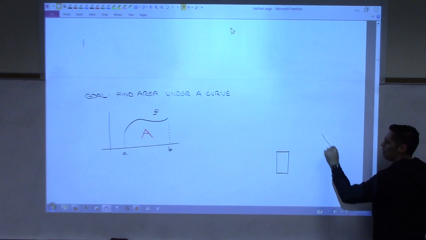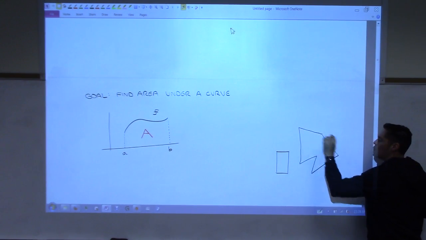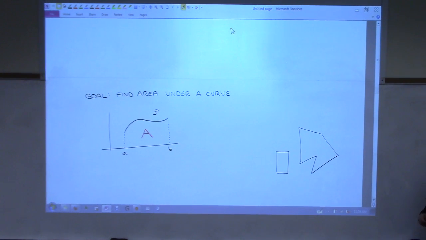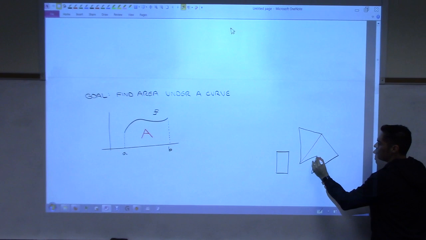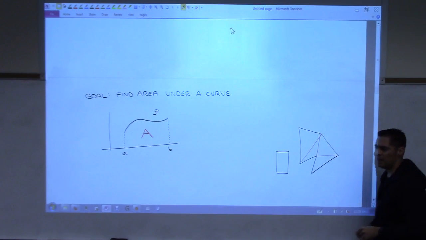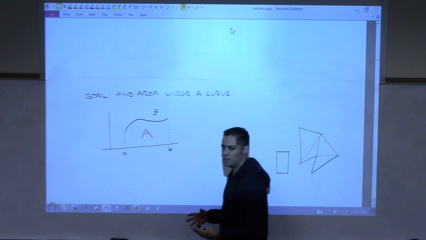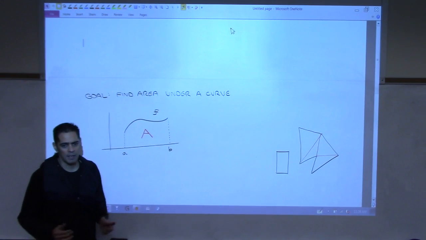And if you had some weird polygon looking thing, we could find the area of that also, because we could just split this up into triangles and find the area of each triangle. So for a long time, finding the areas of rectangles and polygons was simple work, relatively speaking.